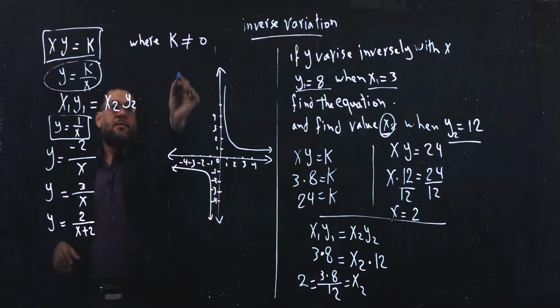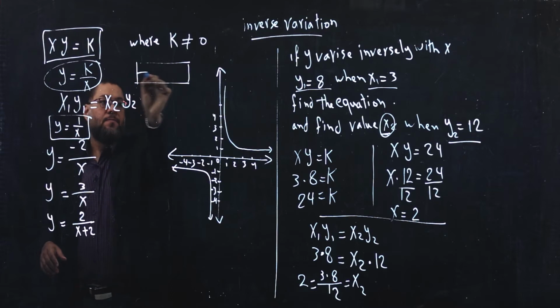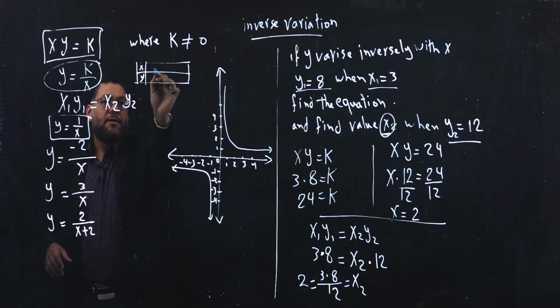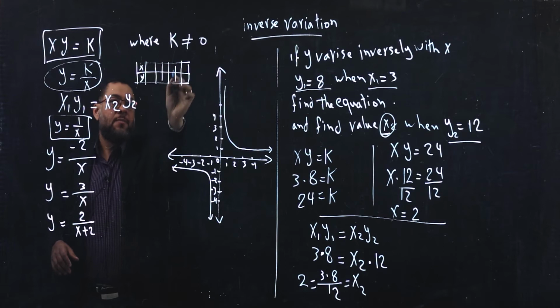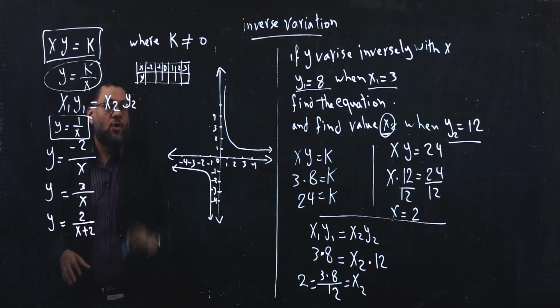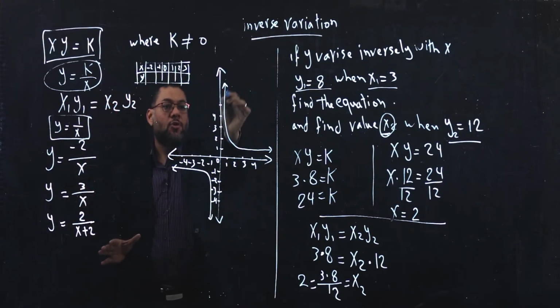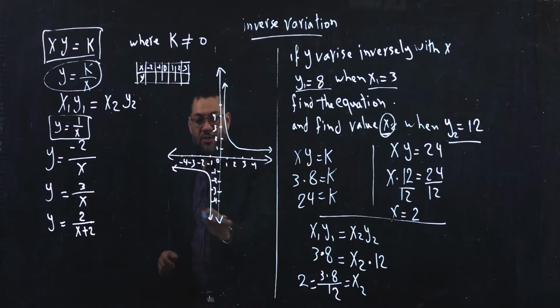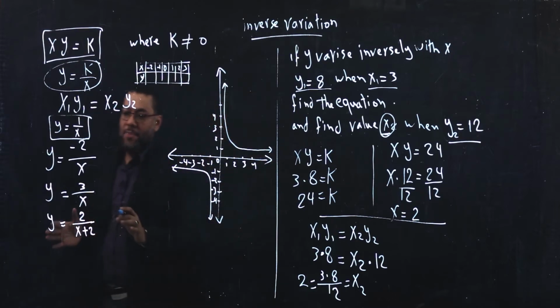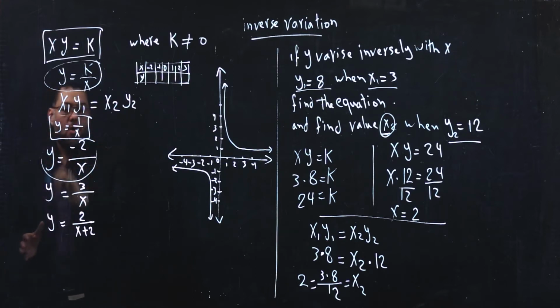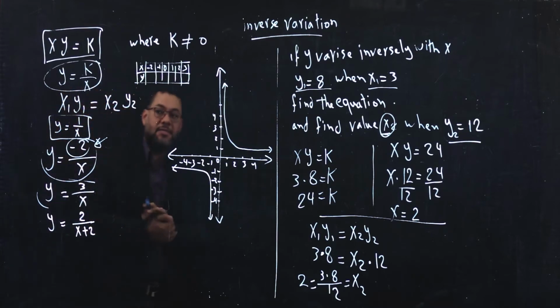If you just make a table of x and y, and substitute numbers like 0, 1, 2, 3, -2, -1, and so on, it will be drawn like this, as two curves. What about y equals -2 over x? It will be similar.